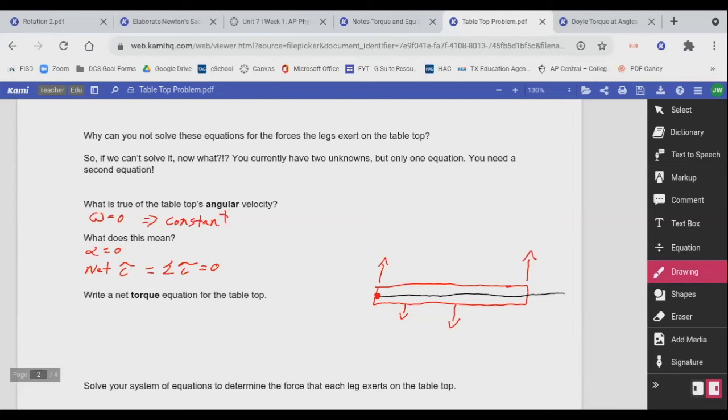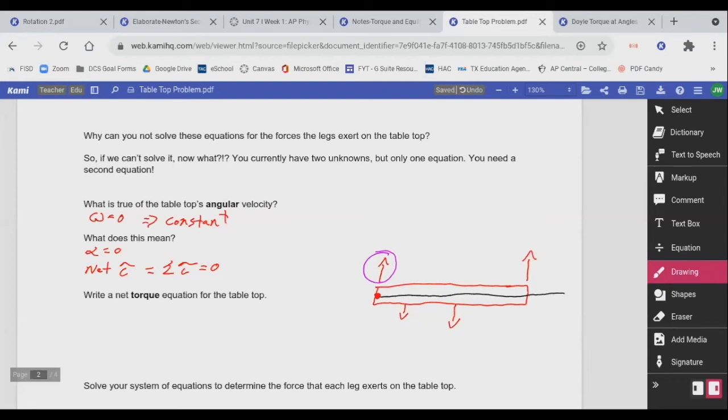Now, torque is force times distance, right? And no matter what the force is, if the distance is 0, what does the torque have to be? 0. Absolutely right. So that means this one right here is going to have a torque of 0 because its distance is right on the pivot point.